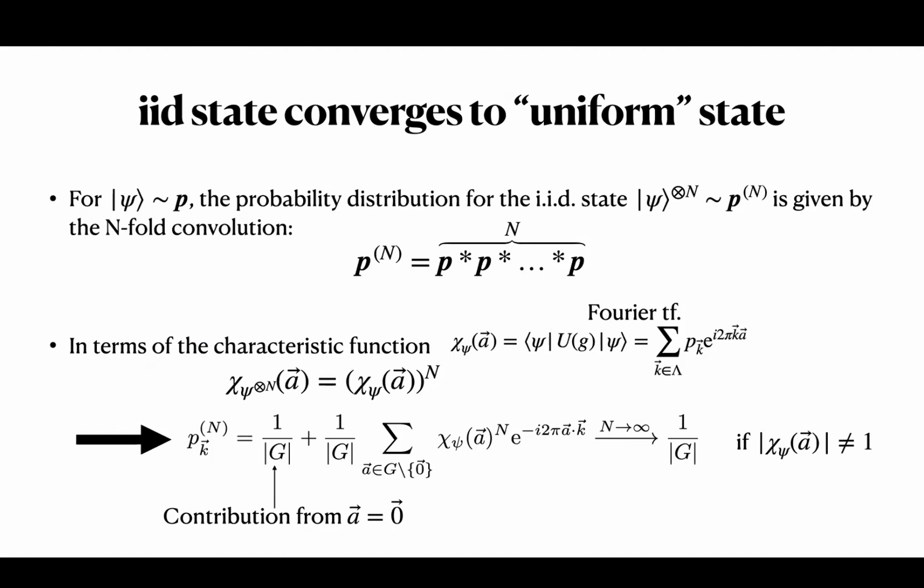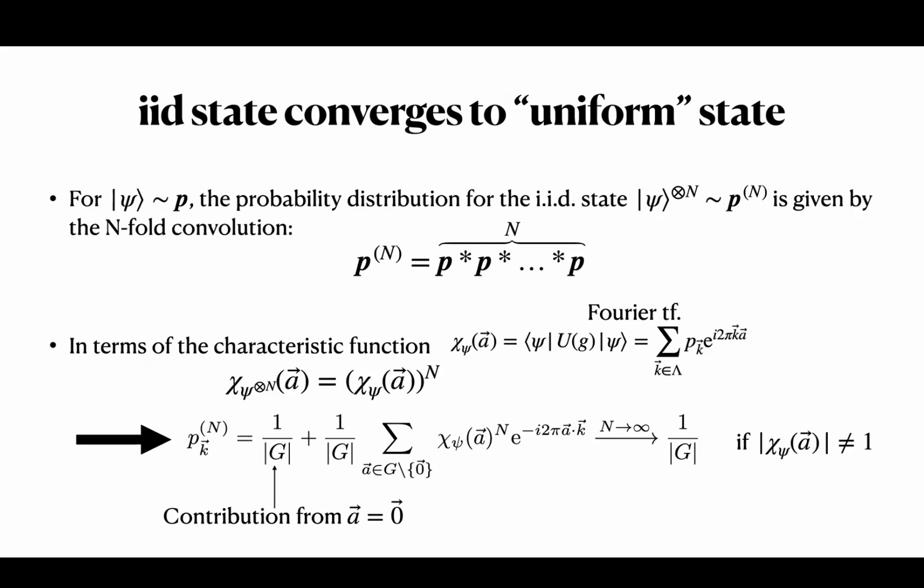So in this Fourier space, the convolution is replaced by just a product. So the characteristic function of the IID state is just the nth power of that of the single state. And when we go back to the probability distribution, it can be represented like this.